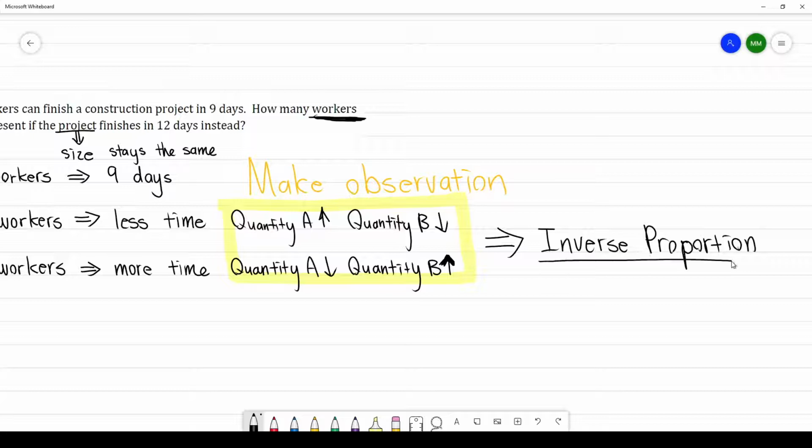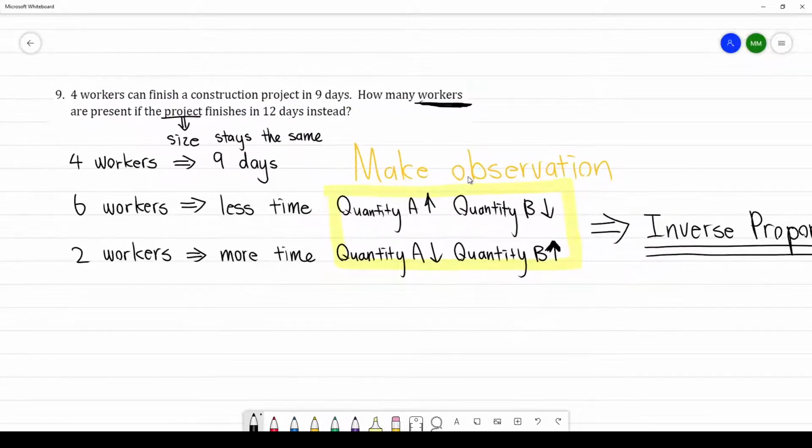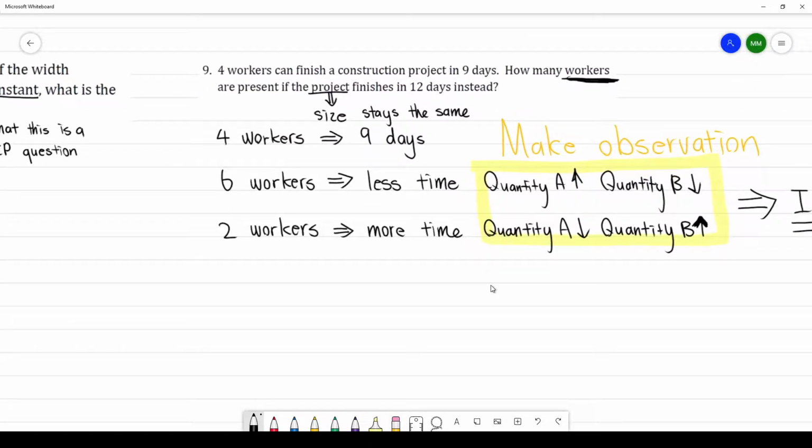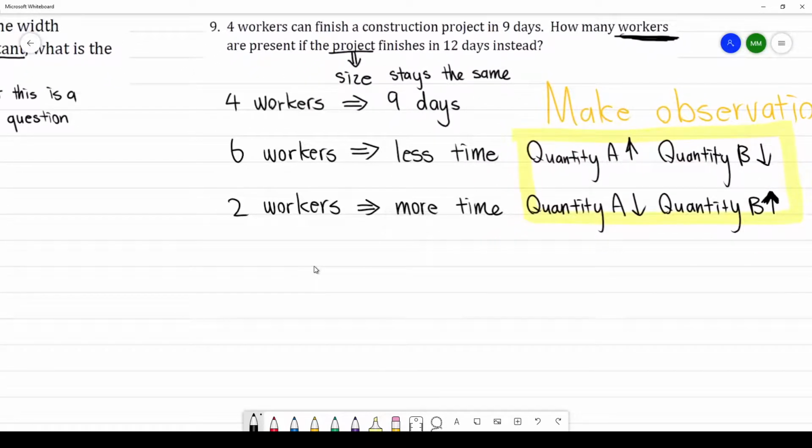This observation part is actually the key, because once you make it, you can find the constant product.